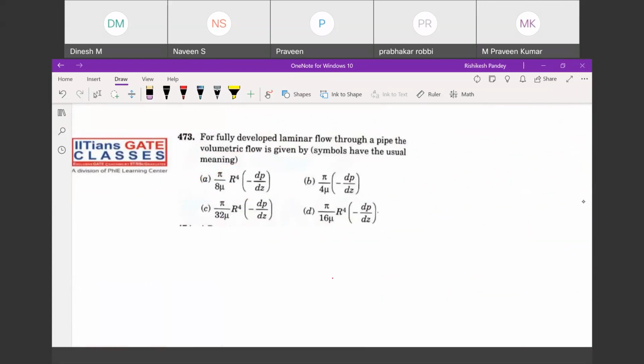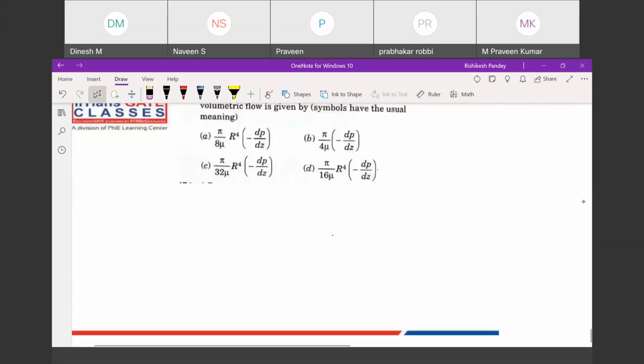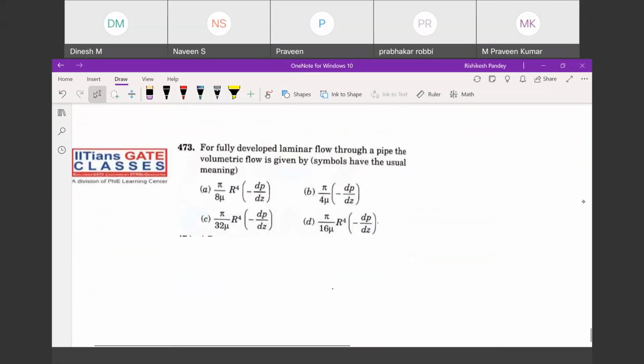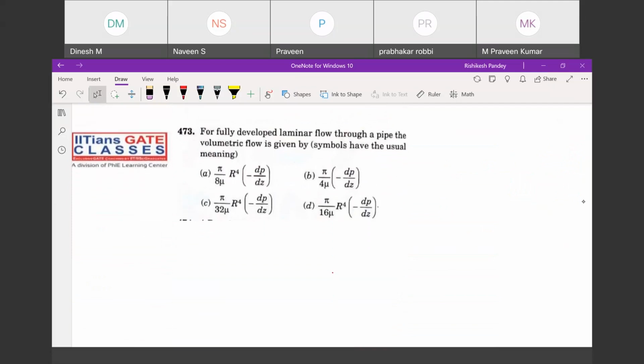Only one topic is left actually. In the next class, we'll try to solve more questions first related to this topic only, fluid flow in a pipe, and then we'll start boundary layer.